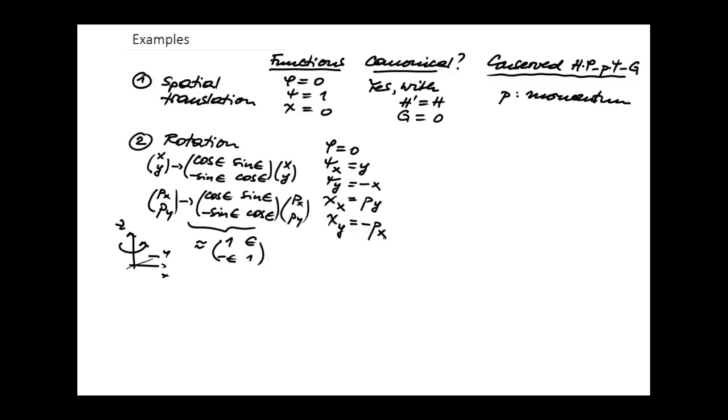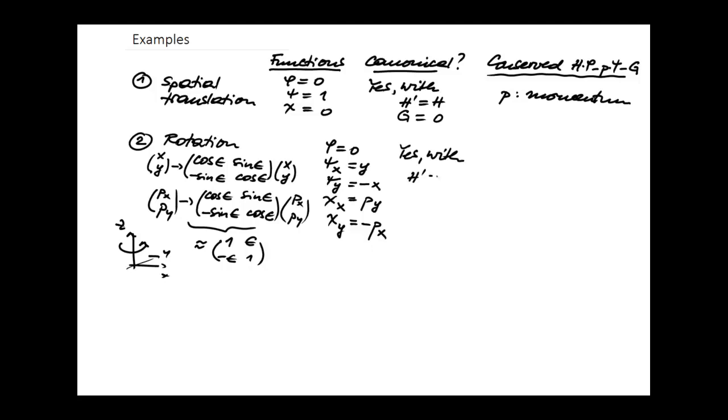Is it canonical? Yes, it is, because again, it's a transformation in configuration space with the resultant transformation also of the momenta, and we know generally that such transformations are canonical. The transformation is time independent, therefore the Hamilton function does not change.